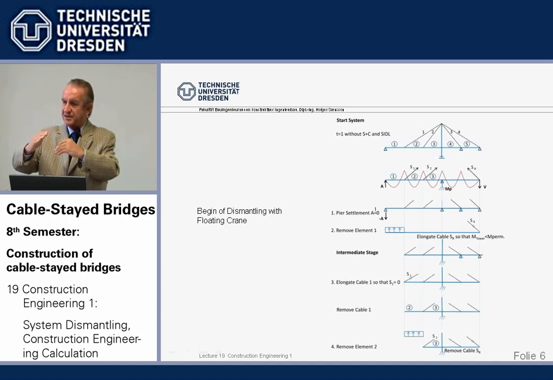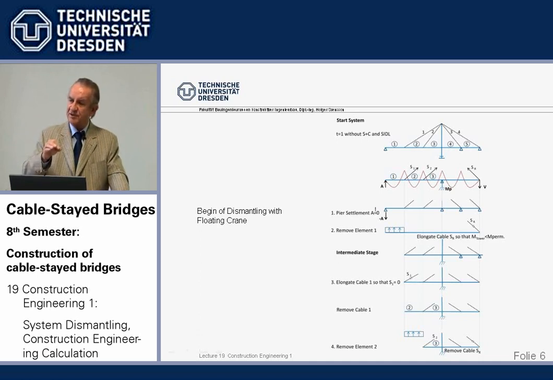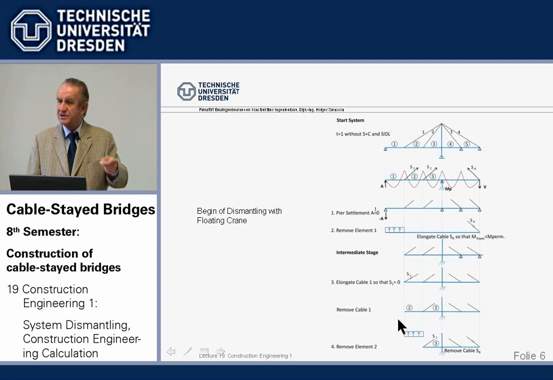The cable is cut and it's lengthened by such an amount that the actual cable force we have at this stage becomes 0. Once we have done that, we can then remove the cable from the computer system, just taking it out, because it has no force. We can only take out something which is forceless.